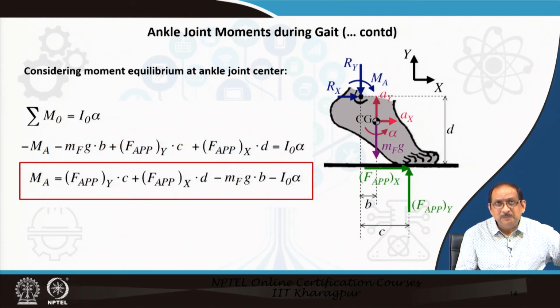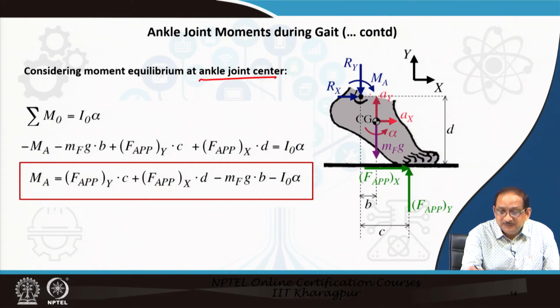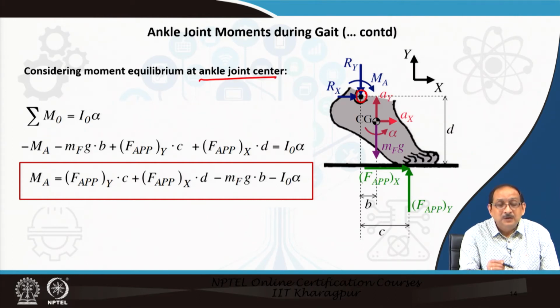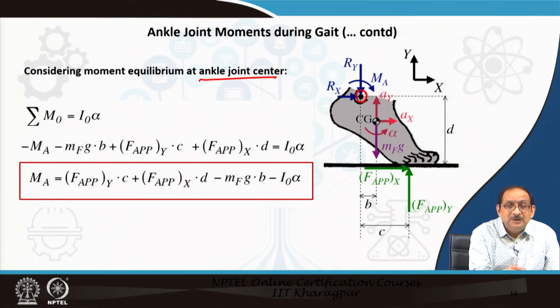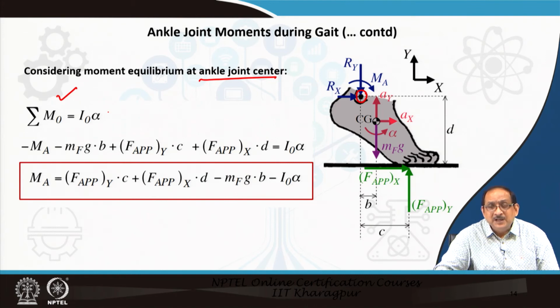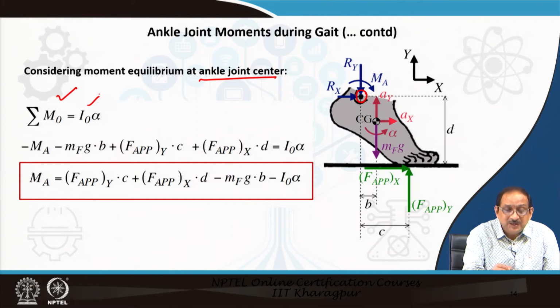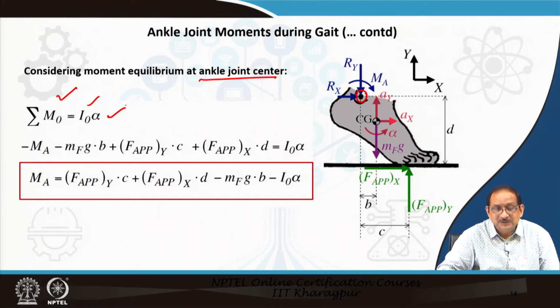Considering moment equilibrium at the ankle joint center, which is here, we can write down the moment equation considering rotation, that is, sum of the moments equal to I alpha. So, I is the moment of inertia of the segment about the joint center, of course, and alpha is the angular acceleration.